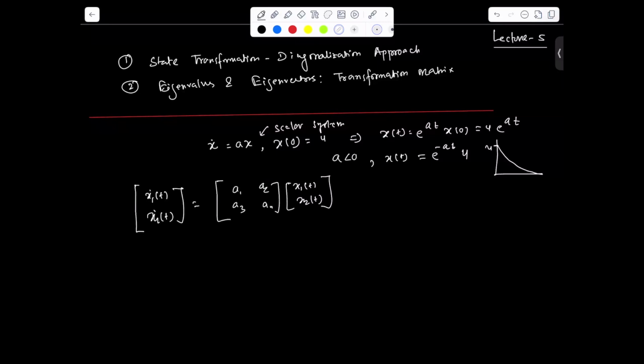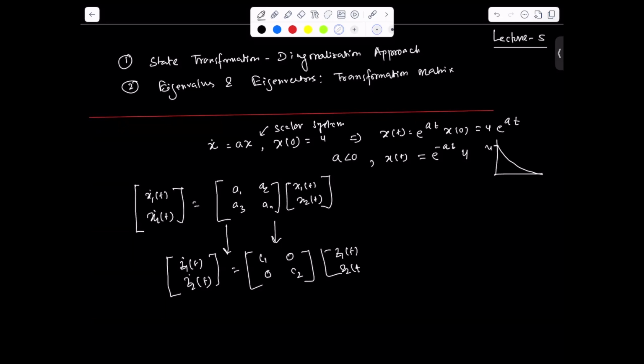Now, if you find some way which can help us convert the system to some other domain, maybe the Z domain, with states Z1 and Z2, where we can write the system matrix in this form, C1, 0, 0, and C2, the diagonal elements, with G1 of t, G2 of t.